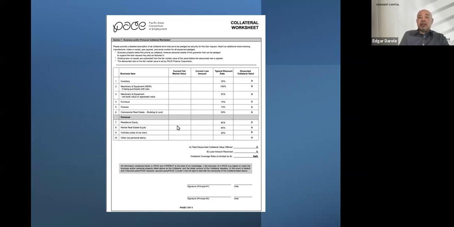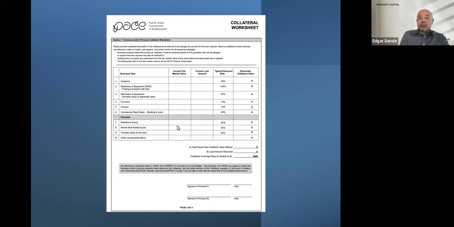That's called lendable equity. That's not your true equity. Your true equity is just the value of the property minus your loan balance. But for lending purposes, your lendable equity is up to 80% in PACE's case.